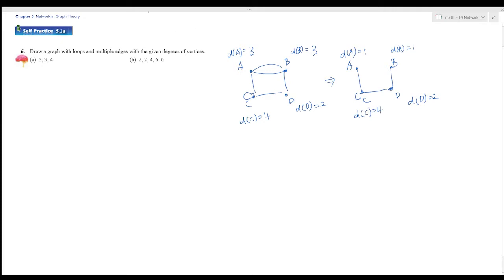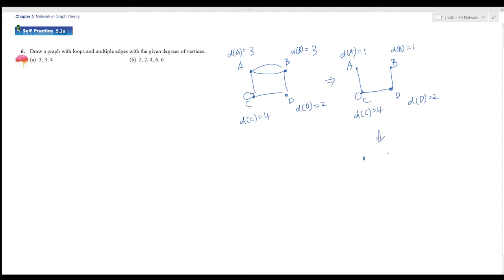Okay, now you can see that after we take out the multiple edges, the degree of A and B will be minus 2. Initially, the degree of A is 3. So after we take out the multiple edges, degree of A become 1. Same happen for the vertex B.